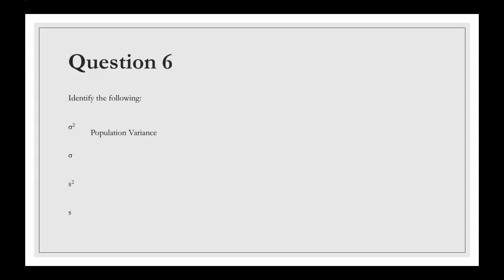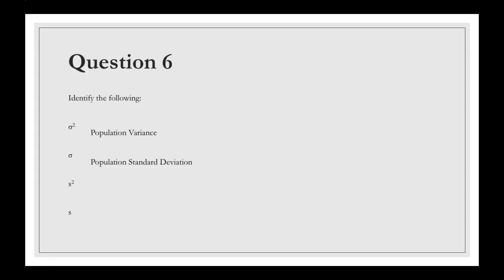Sigma squared is your population variance. Sigma is your population standard deviation, right? So again, your standard deviation is the square root of your variance.